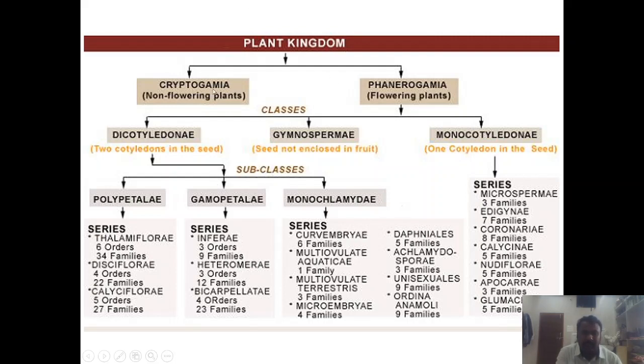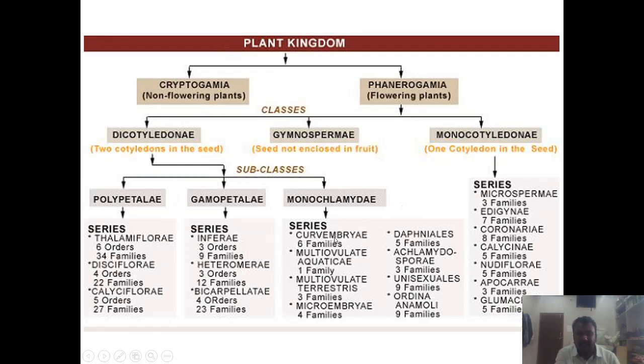You can see the plant kingdom divided into cryptogams and phanerogams. Phanerogams again divided into dicotyledons, gymnosperms and monocots. Dicotyledons have 3 subclasses: Polypetalae, Gamopetalae and Monochlamydeae. There are no subclasses in the class Gymnospermae and Monocotyledonae. Polypetalae has series Thalamiflorae, Disciflorae, Calyciflorae, and then series in Gamopetalae: Inferae, Heteromerae, Bicarpellatae, and Monochlamydeae.